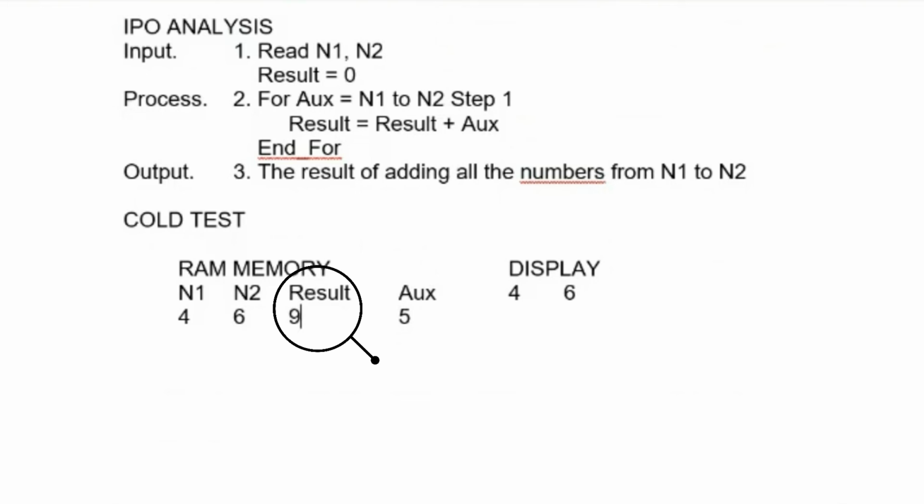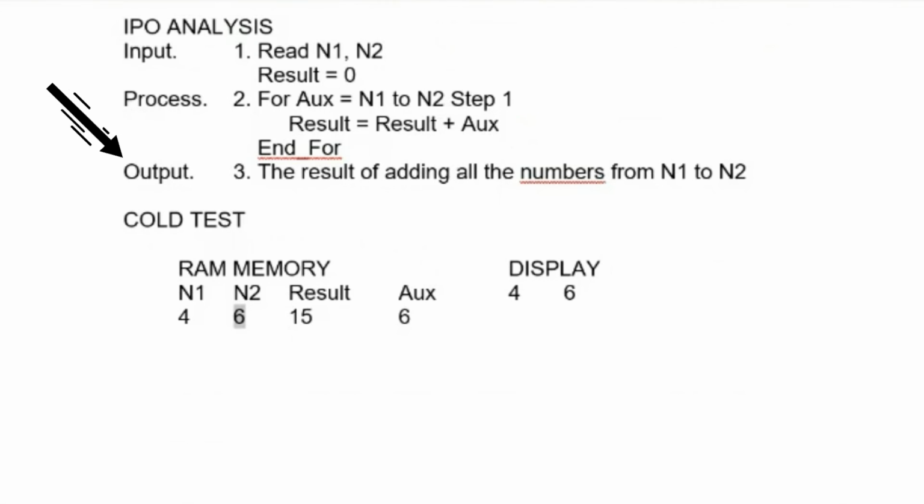That means 9. And end for. We go to the for instruction. Step 1 means 5 plus 1 is 6. Result is equal to result plus aus. That means 9 plus 6 is 15. And end for. And aus is at the top, because the top is the content of variable N2.